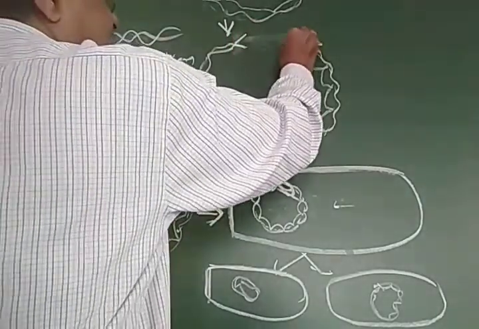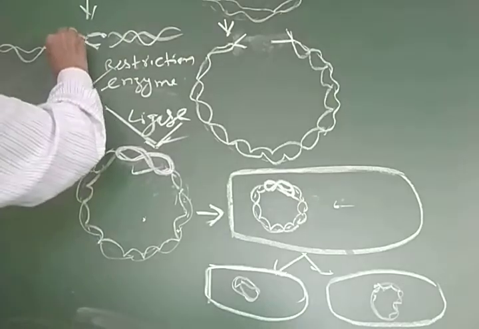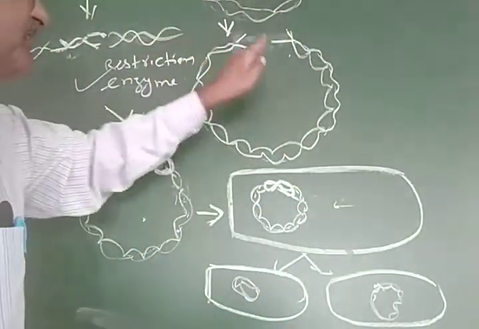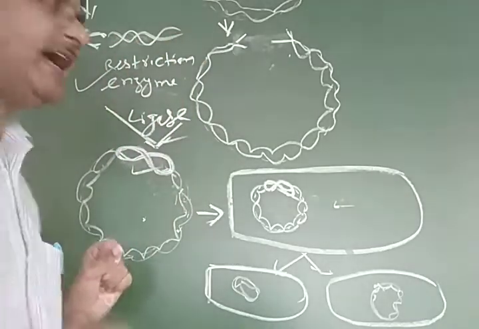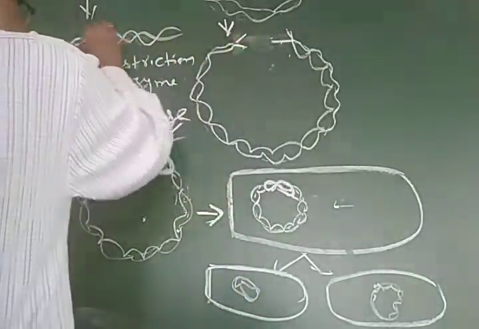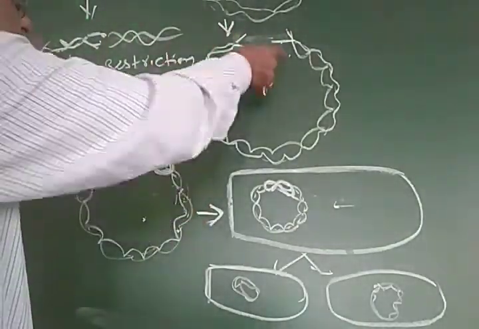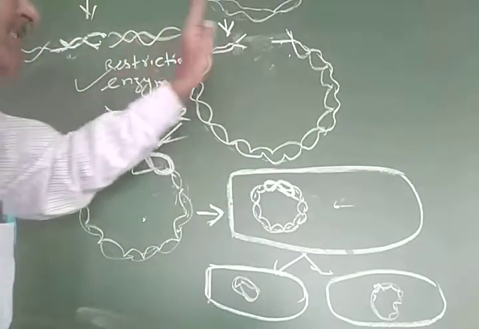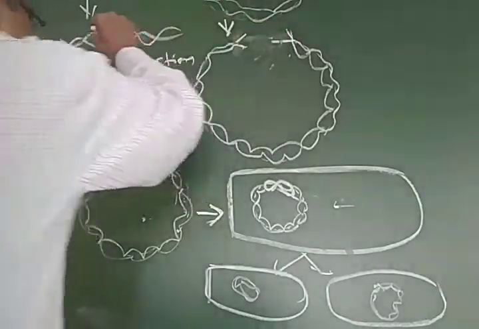There will be the sticky end, and this sticky end helps to join this foreign DNA with the vector DNA. We use the same restriction enzyme to cut both so that it can be easily ligated, because it leaves the sticky end.